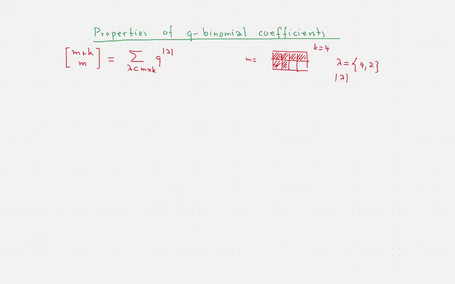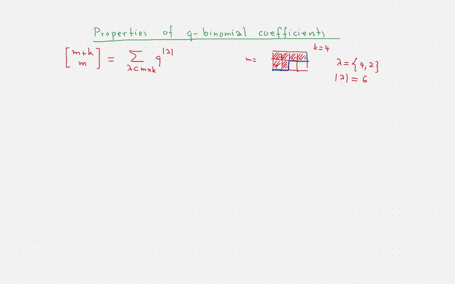Also, it's important to remember that any such diagram is associated with a path from the lower left corner to the upper right corner that consists of exactly m plus k steps. So in our case, that would be 6 steps.